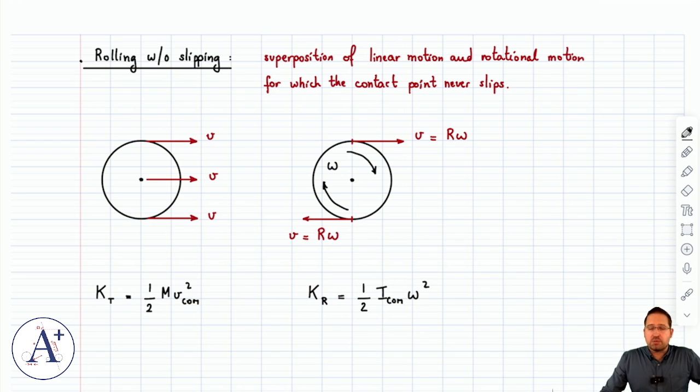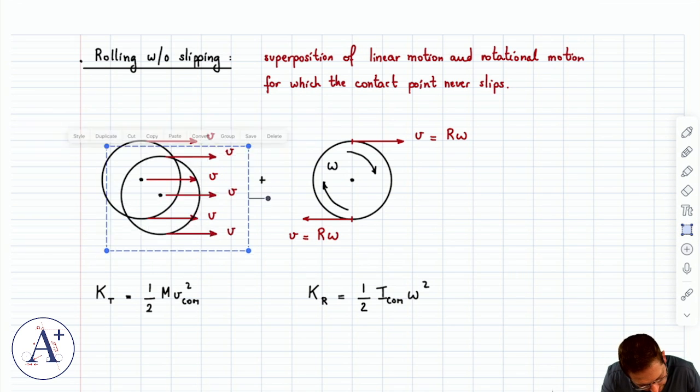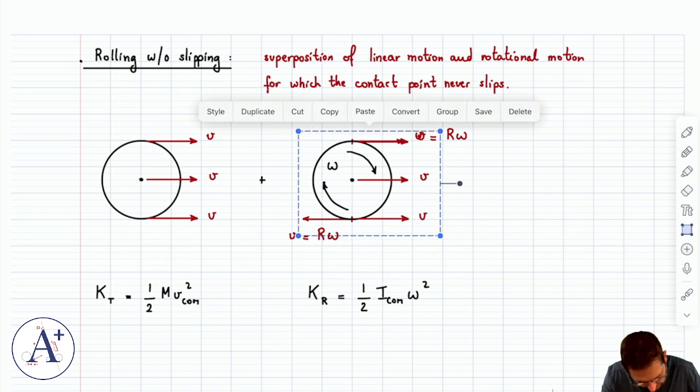Now, rolling without slipping is the superposition of the two, meaning that if I combine the two, if I actually put one on top of the other, that is really what superposition means. What am I going to get?